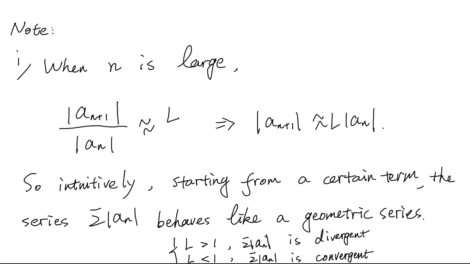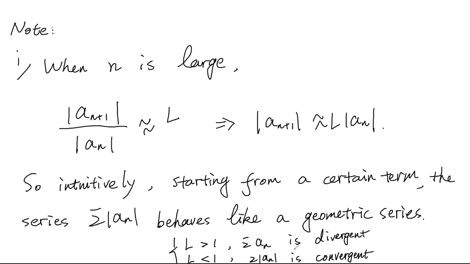And so the original a_n is divergent when L is greater than 1, because you can expect that when n goes to infinity, the term a_n is not 0. And from the test for divergence, you get divergence.